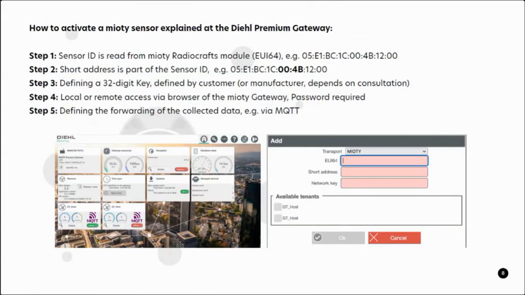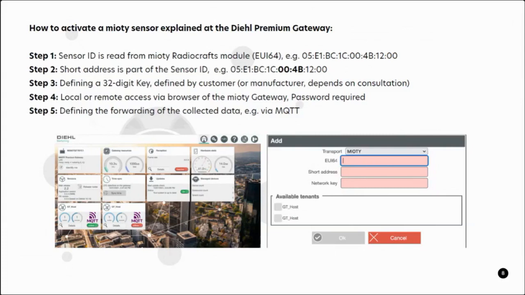Inside this ID is the so-called short address, highlighted in bold typography on the right. At step 2, the next step is defining a 32-digit key defined by a customer or manufacturer. This depends on consultation, so this can also be changed depending on how the project is being organized.